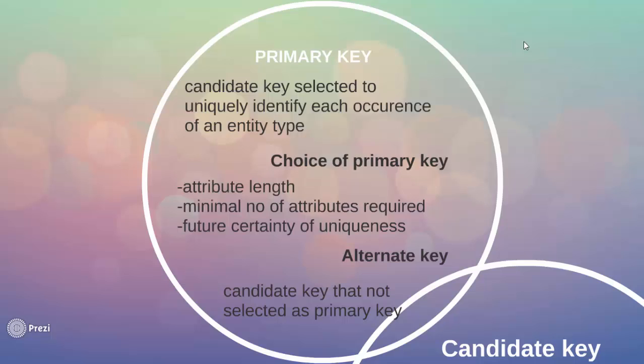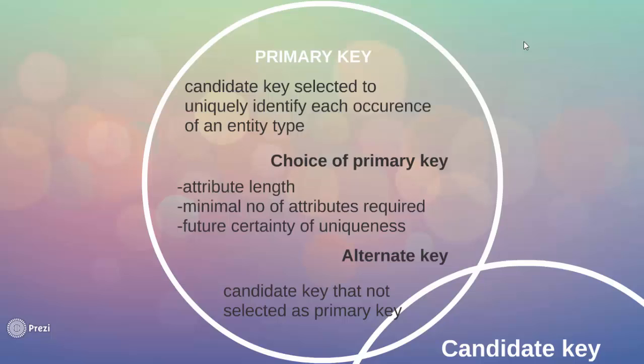To choose primary key, there are several steps. First, we will look at the attribute length and we will choose the shortest one. Minimal number of attribute requirement. It means if one person have same name, same attribute, so we can combine two attribute.